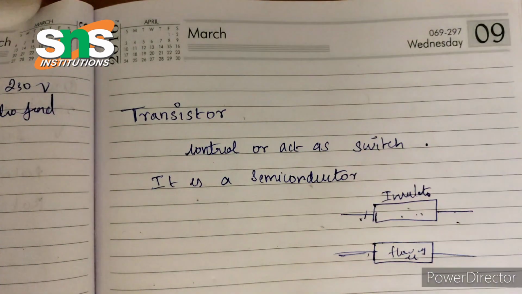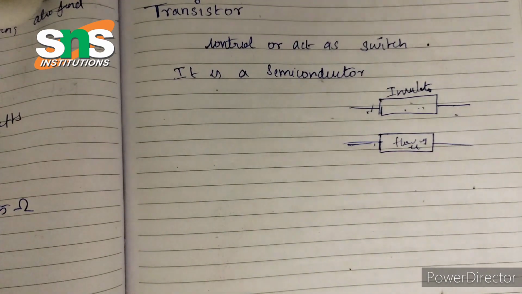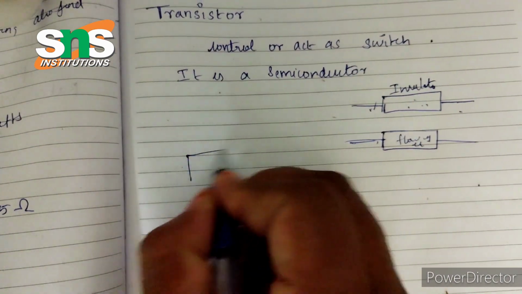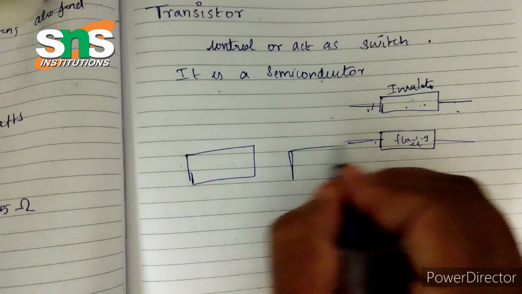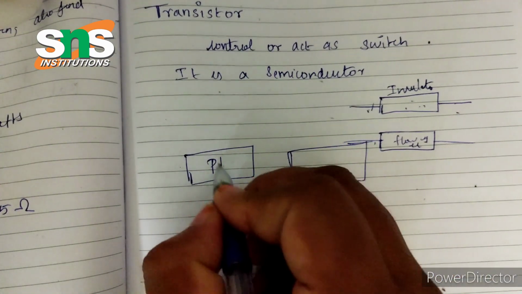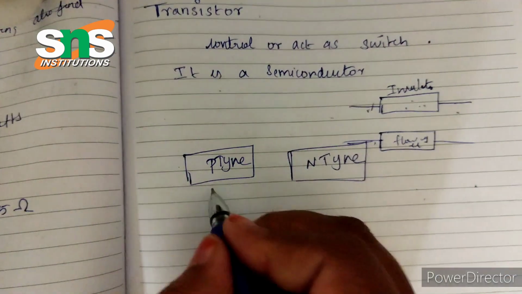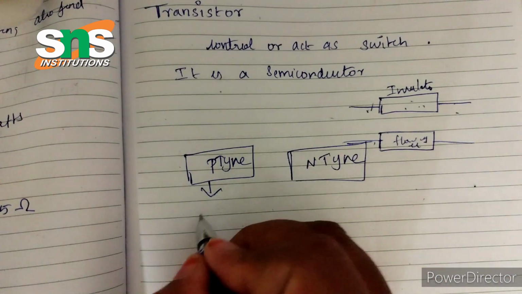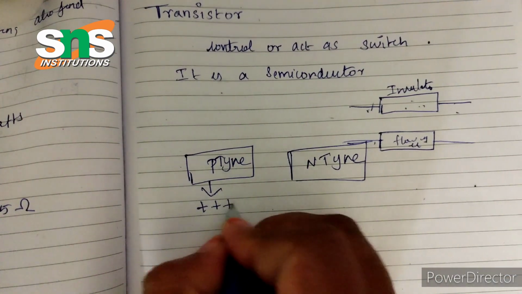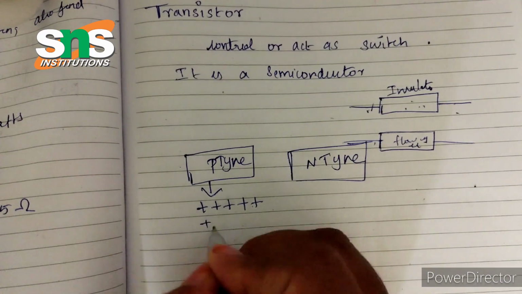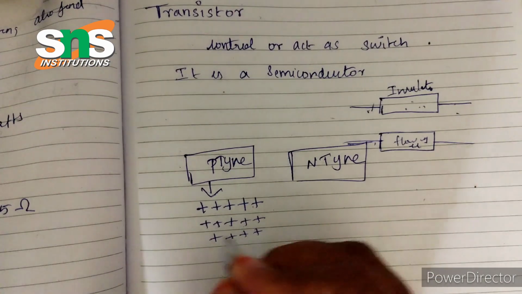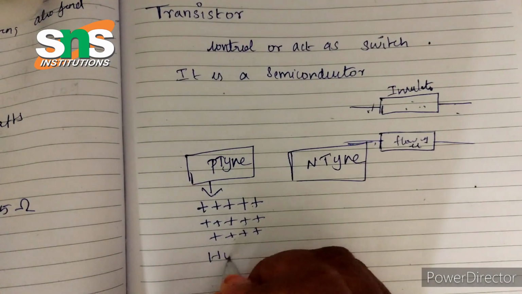Before that, we want to know the types of semiconductor. There are two types: one is the p type semiconductor, and the other is the n type semiconductor. In the p type, there is always positive energy. It is denoted as positive, and it is full of holes.